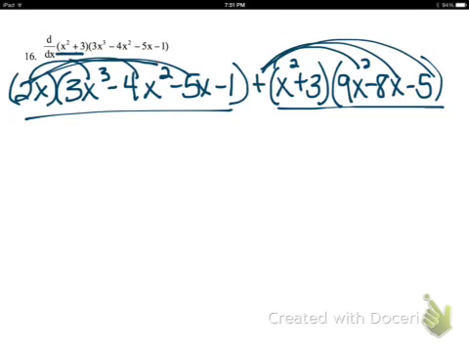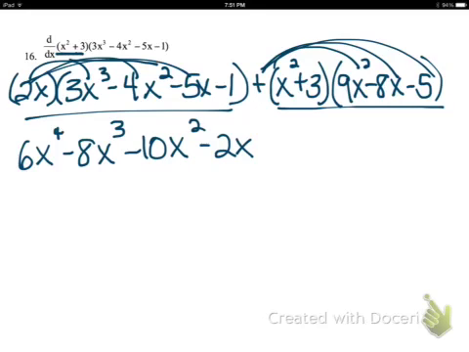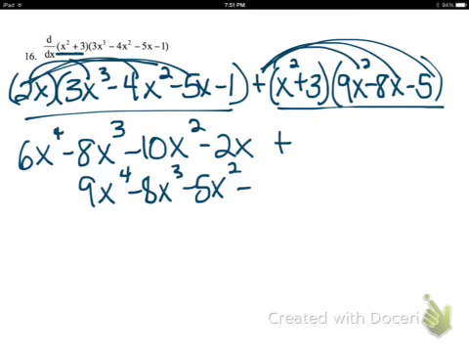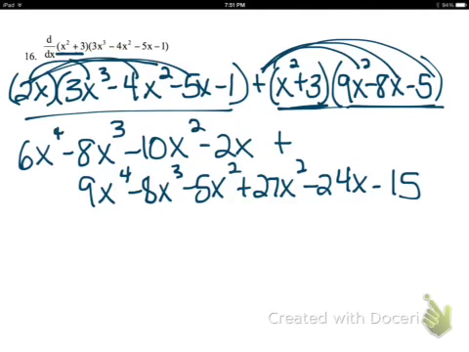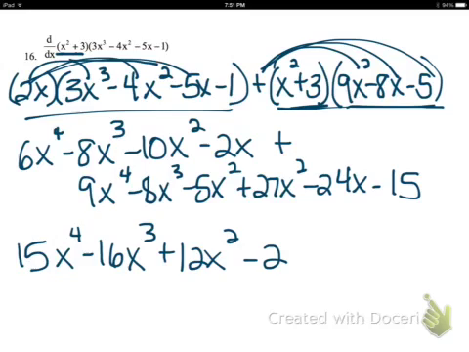I would have 6x to the 4th minus 8x to the 3rd minus 10x squared minus 2x, and then here I'd have plus 9x to the 4th minus 8x cubed minus 5x squared plus 27x squared minus 24x minus 15. Combine like terms and you would get 15x to the 4th minus 16x to the 3rd plus 12x squared minus 26x minus 15. You guys have been complaining you want more algebra.